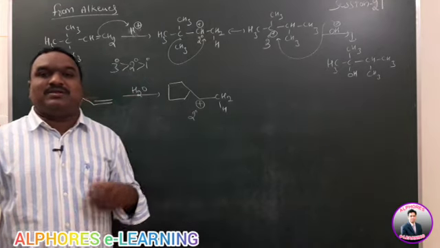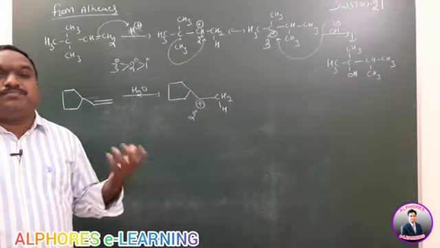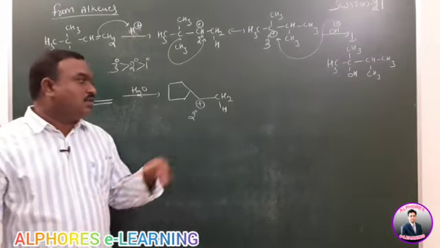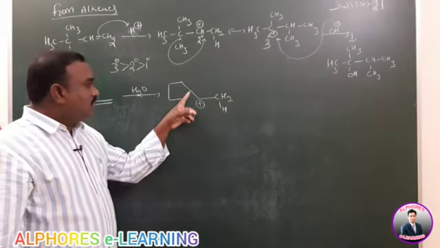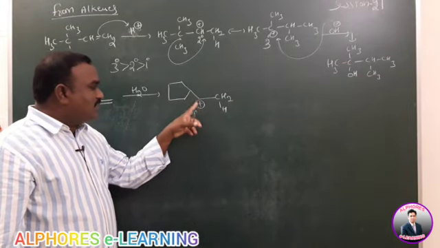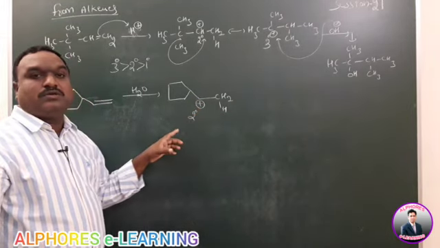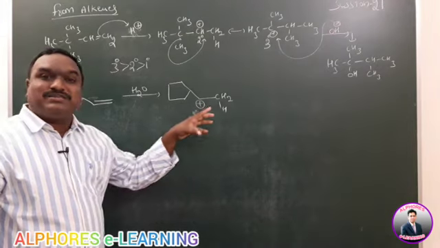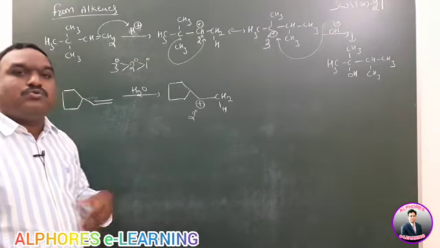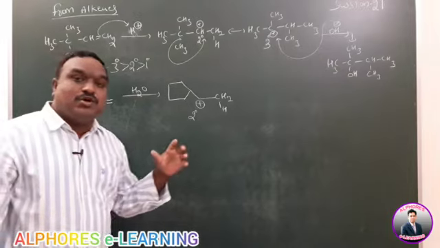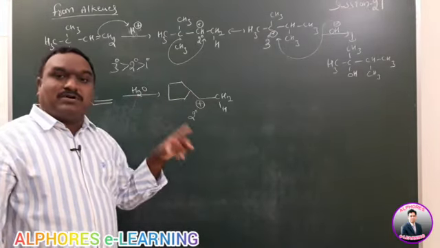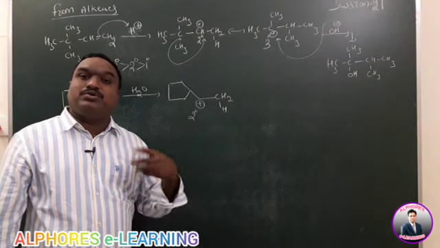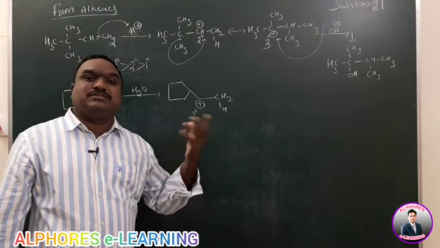We can explain that concept based on Baeyer strain theory. Now, remember always, wherever the ring-connected carbon has positive charge, then ring expansion is possible. To identify whether ring expansion is possible or not, the ring-connected carbon must have the positive charge, then only can you write that ring expansion reaction.